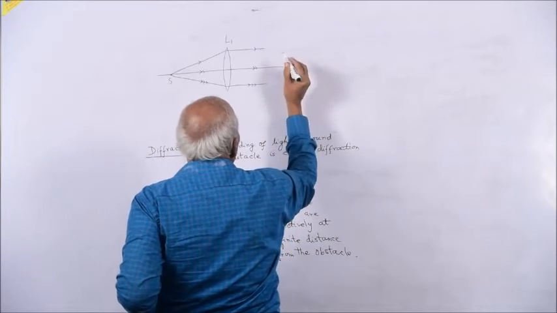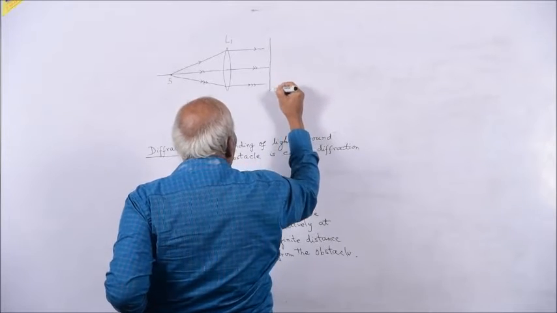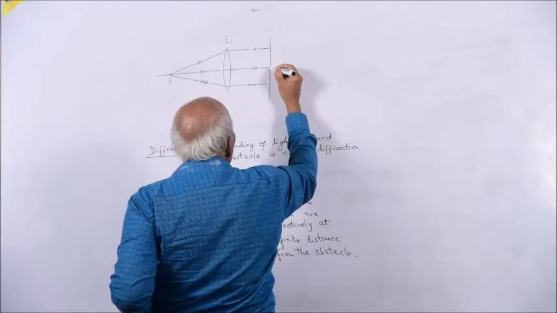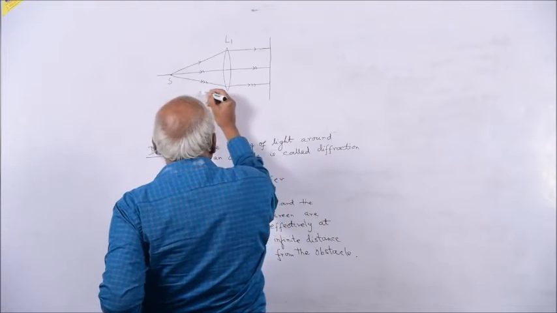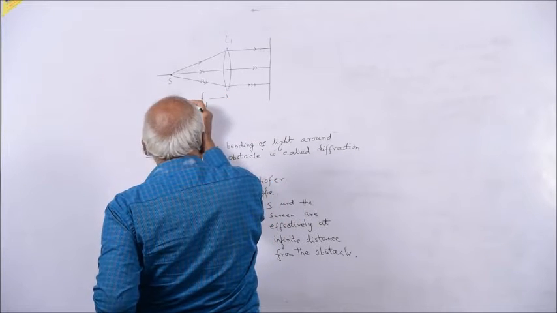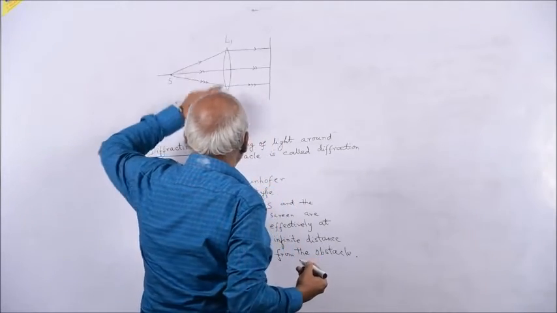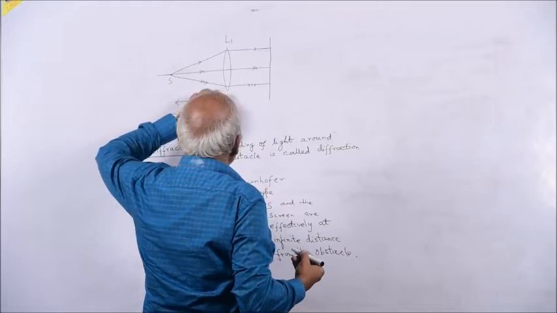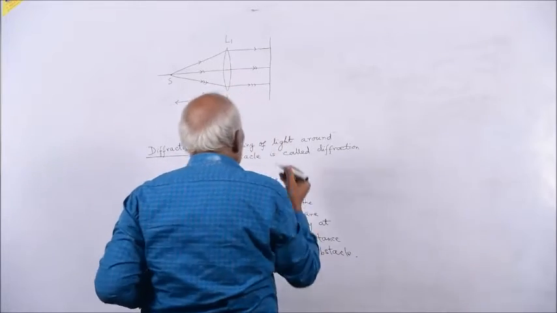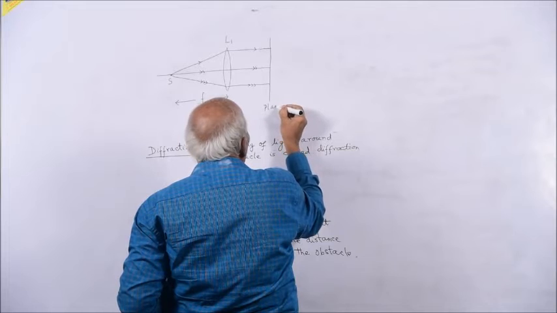Rays are parallel means effectively the source is at infinity. Although it is in the laboratory, due to the lens L1 having focal length f1, rays are made parallel. So, these are the plane wave fronts.